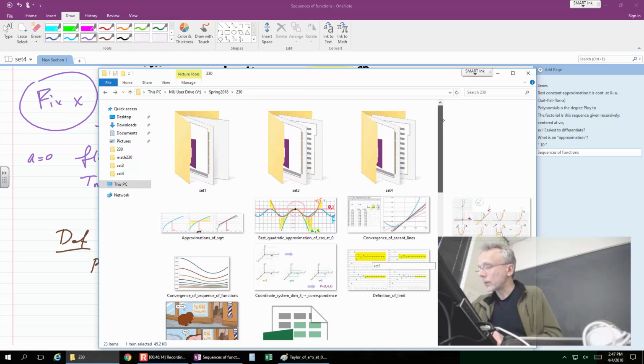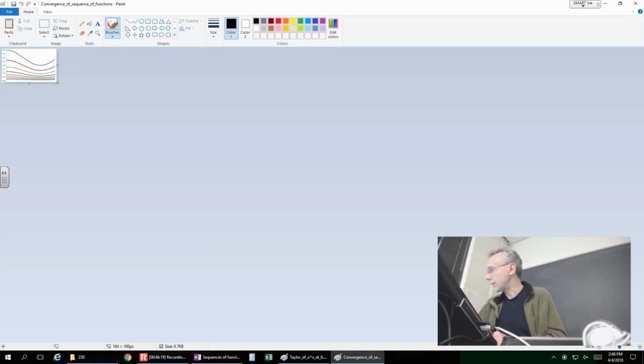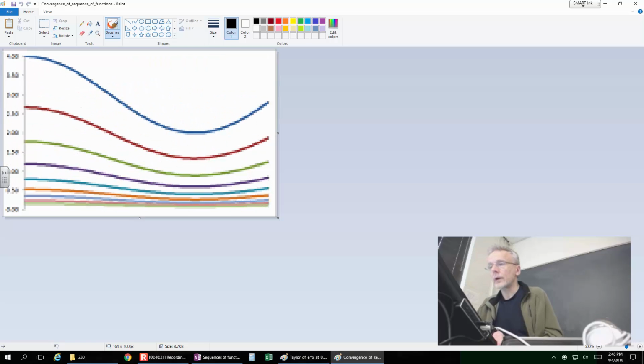For a moment, we'll forget about the Taylor polynomials and just look at this picture, where we have a sequence. You can see the swing becomes smaller and smaller, and you can ask what is the limit of the sequence of functions.